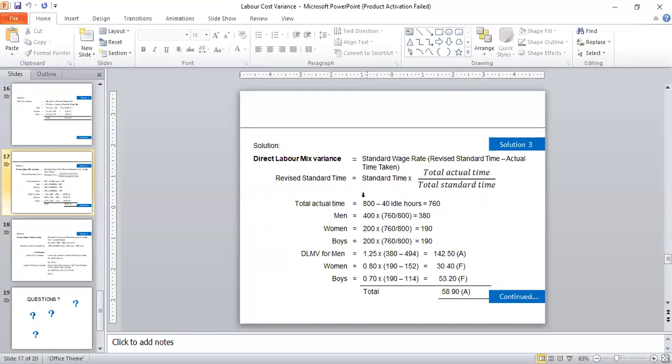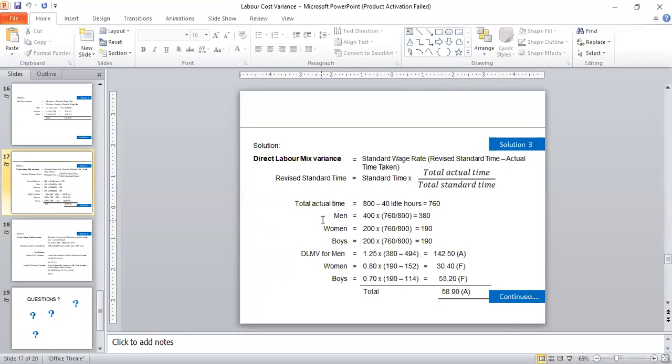Means the total standard time in a week is 800 hours, while 40 hours is the idle time. The working time available to the workers is only 760 hours. Now we are going to calculate the revised standard time.